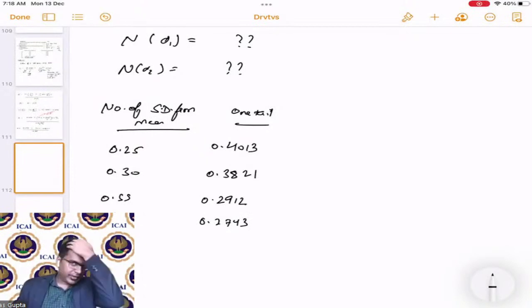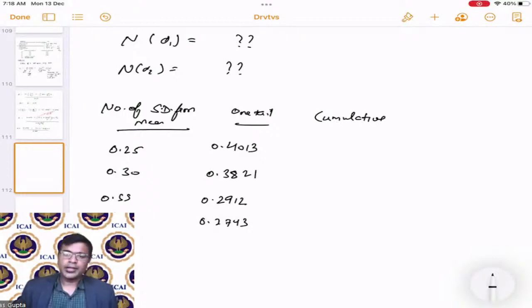Now to convert this one tail to the cumulative probability, we need to do 1 minus one tail. This will give us the cumulative probability, which is what we have to use.